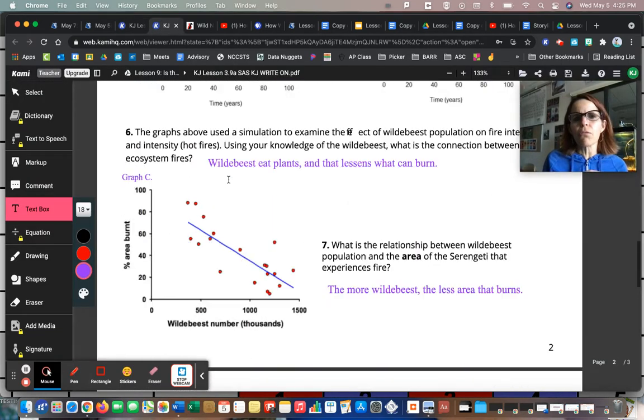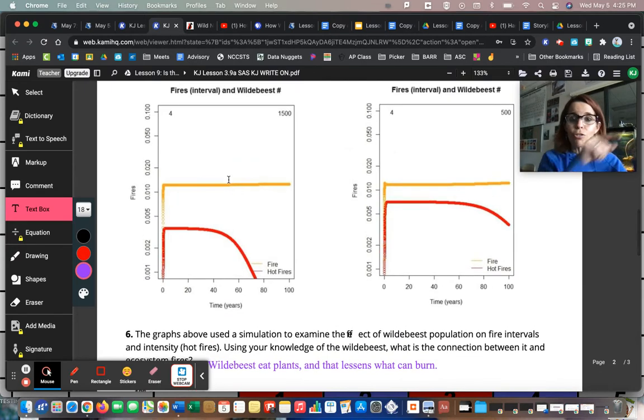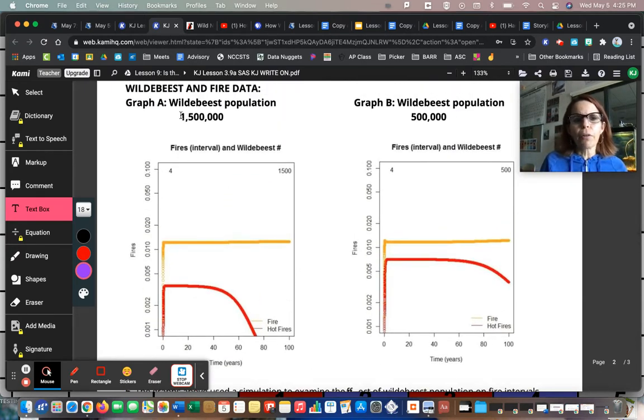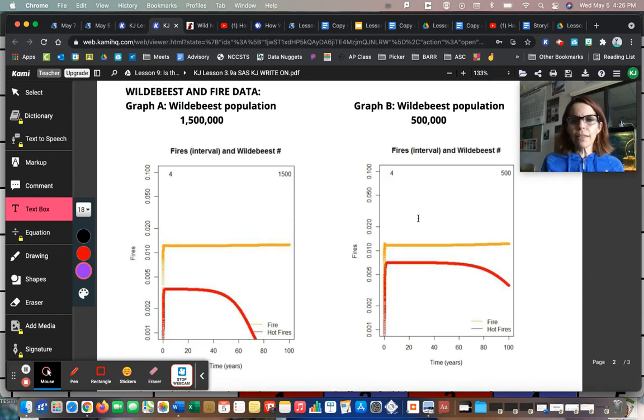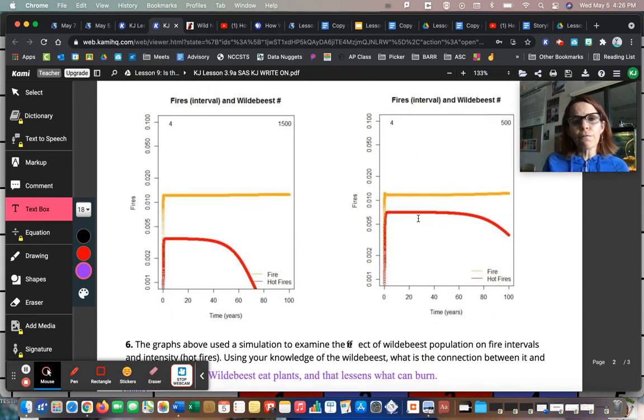Just reminding you, this was our student activity sheet two times ago. We looked at these two graphs. This is a graph of the wildebeest population when it's at its peak, 1,500,000 animals. This is a graph when the wildebeest population is quite low at just 500,000 animals. If you look at the fires, it's about their fire intensity.